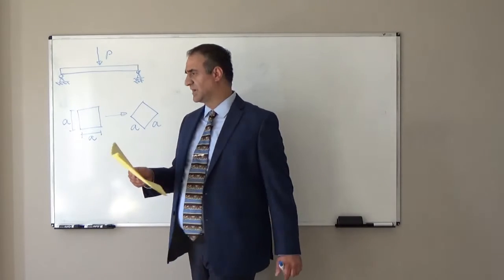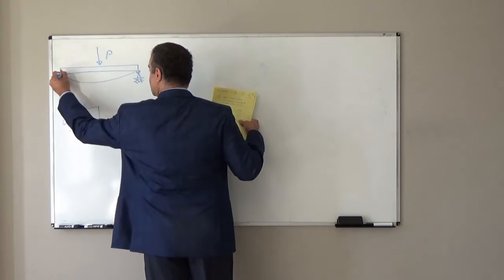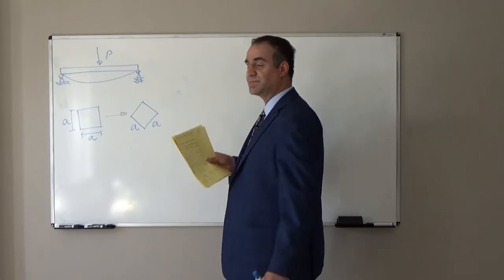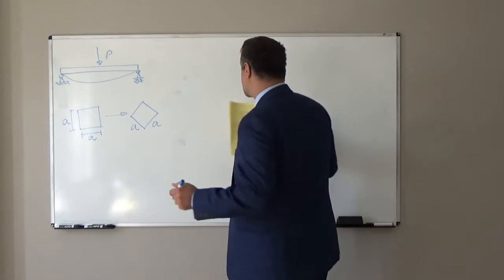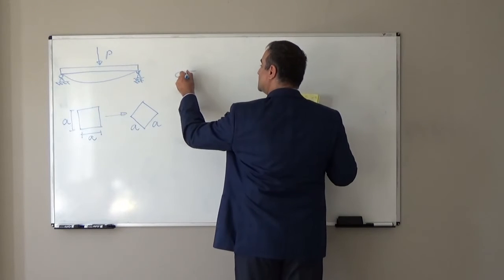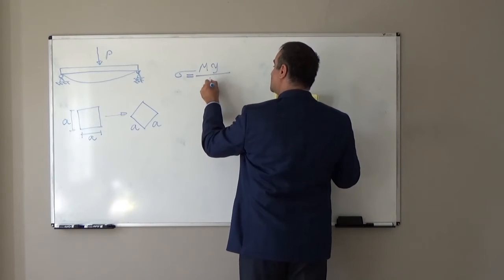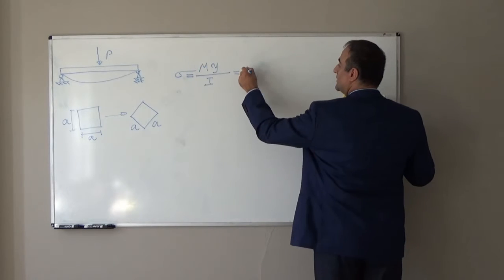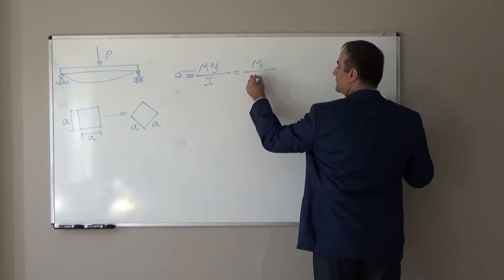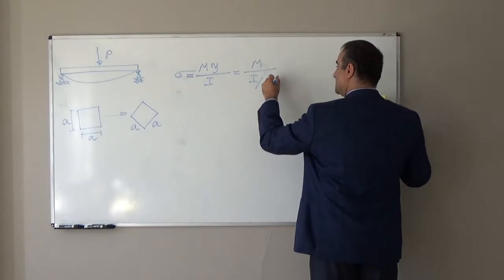What is the section modulus? Here, this beam will deform because of the bending moment. So bending stress is equal to M y over I. I can write this formula like M over I over y. It is the same thing.